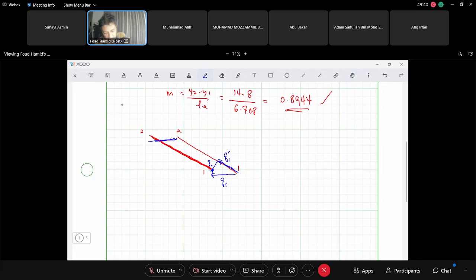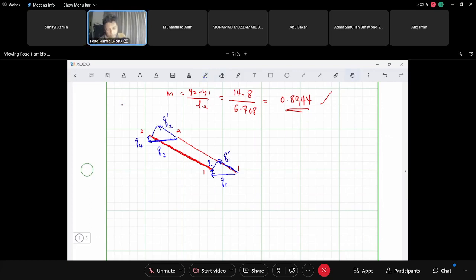This is the horizontal translation, and this is the vertical translation, and this is our Q3, and this is our Q4, and this is 90 degrees to the beam, to the bar, and this is our Q prime 2.